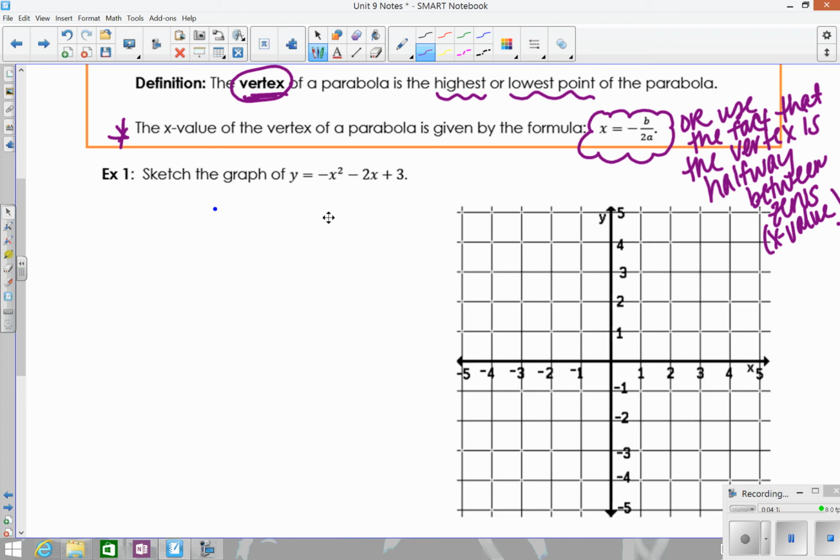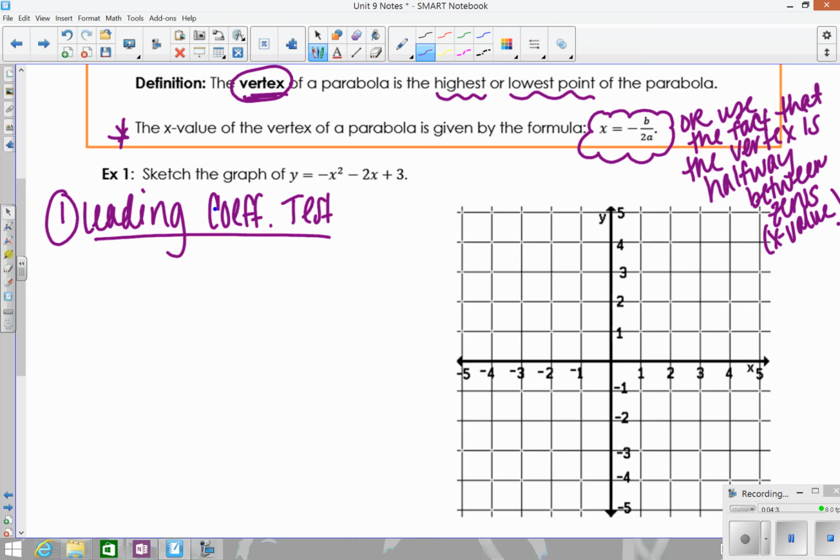So the leading coefficient test, remember we talked about in the first lesson, and what that does is by looking at the leading coefficient and the degree of the polynomial, it allows us to determine the end behavior. So the leading coefficient is -1, the degree is 2, so since it's an even degree and it's a negative leading coefficient, I know that both ends of my parabola have to be going down.